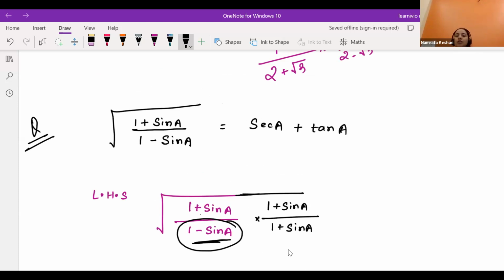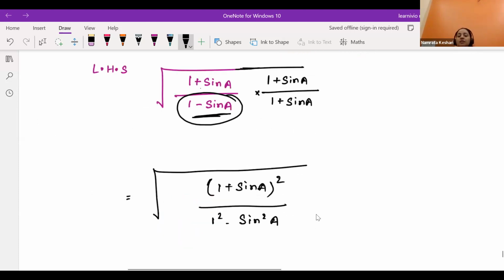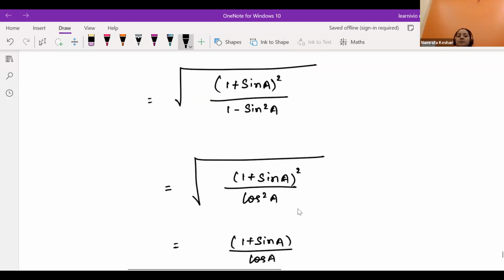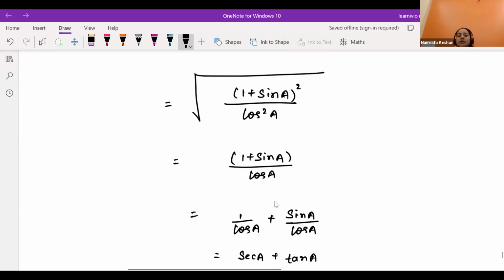Whatever came in our way, we just kept doing: 1 plus sin A whole square, and the denominator became a square minus b square, which became 1 minus sin square A, which became cos square A. This is what we ended up getting, and we are done with the proof. This is only RHS. Is it clear to all of you?